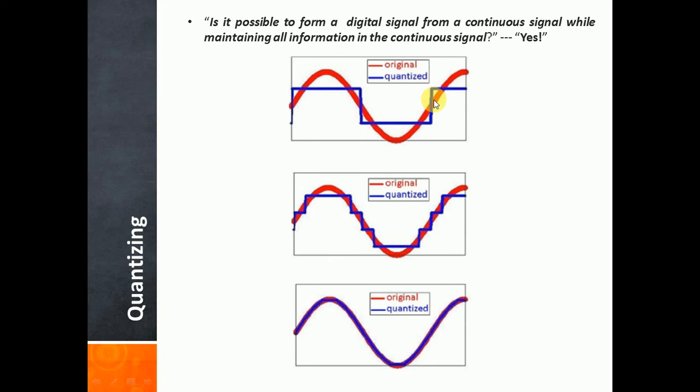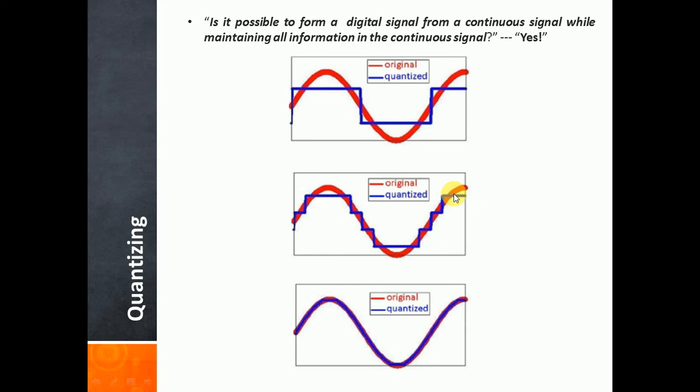So let's increase the levels. Now in this quantization you have 4 levels. You can see 1, 2, 3, 4. Obviously this requires only 2 bits: 00, 01, 10 and 11.